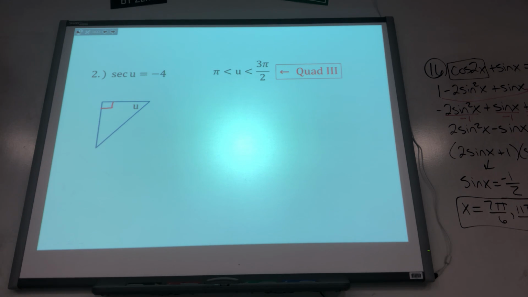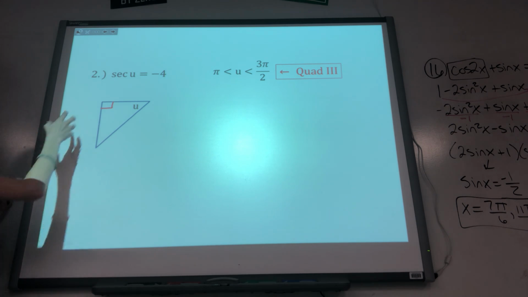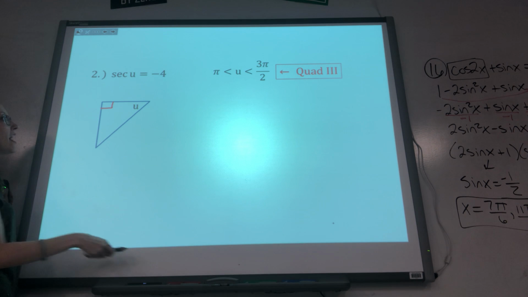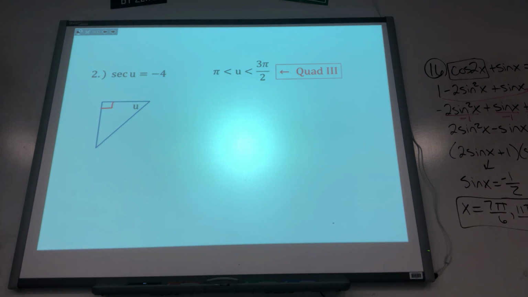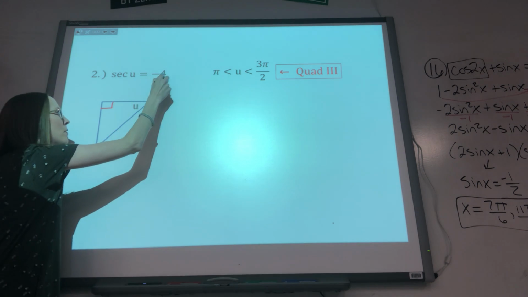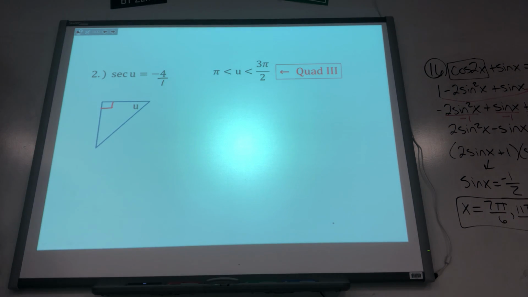And again, I'm not using theta, I'm just using u. And the part that I have to label this says that secant of u is negative 4. Now, I may want to put that over 1 so I can do my SOHCAHTOA stuff a little bit easier.